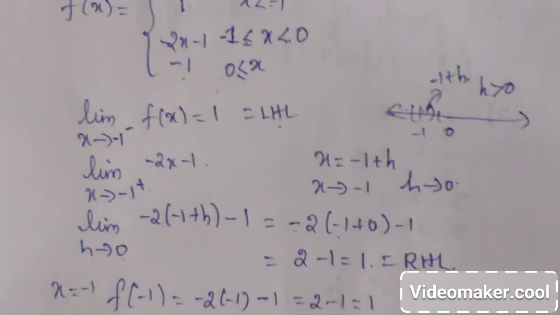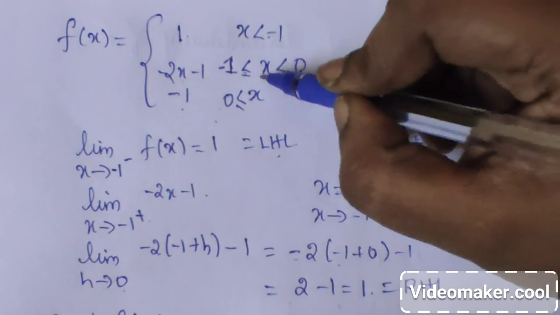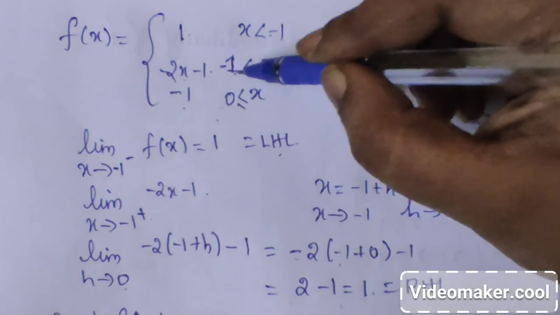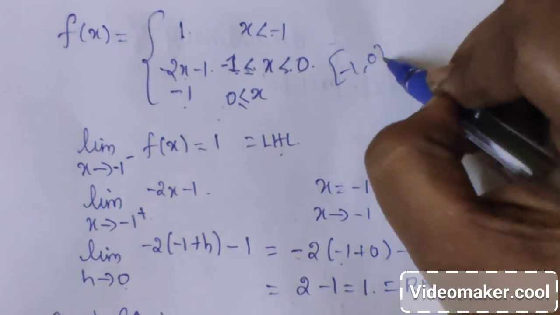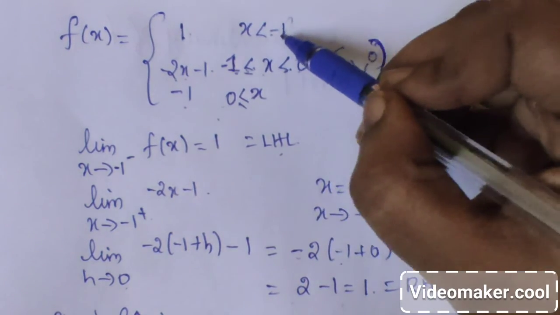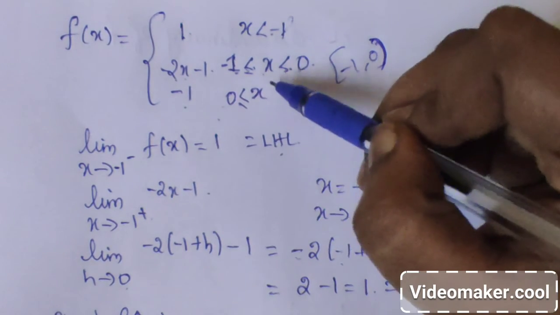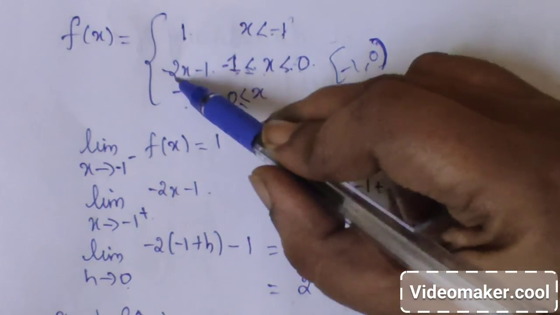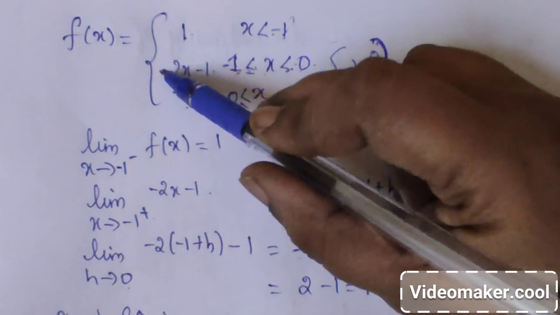Now, for the function -2x minus 1 on the interval closed -1 to 0 open, we have checked the boundary points. At -1 the function was continuous, and at 0 it was continuous, and in the interval it is -2x minus 1, which is a polynomial, so it is a continuous function.